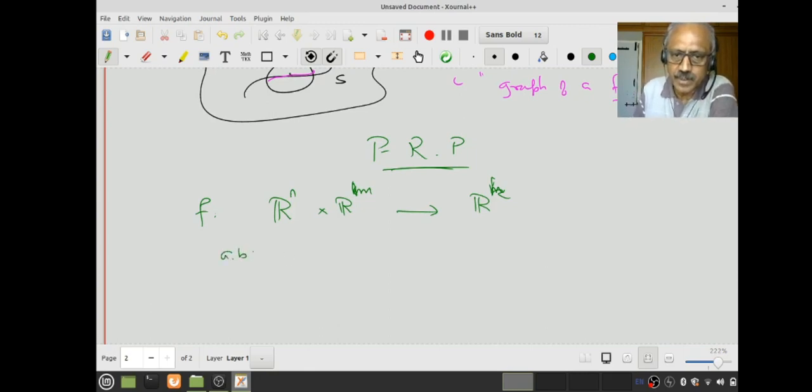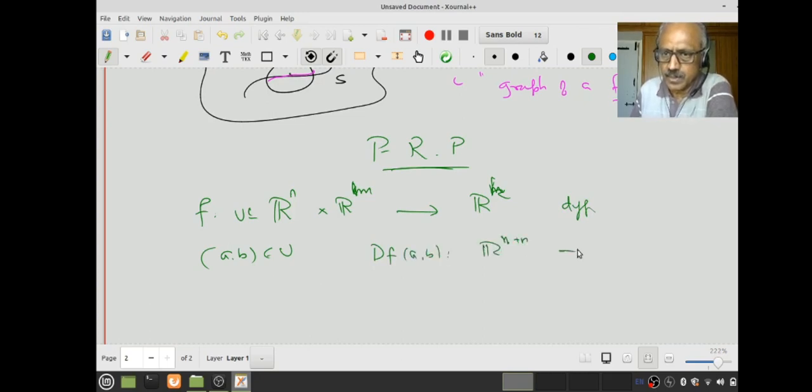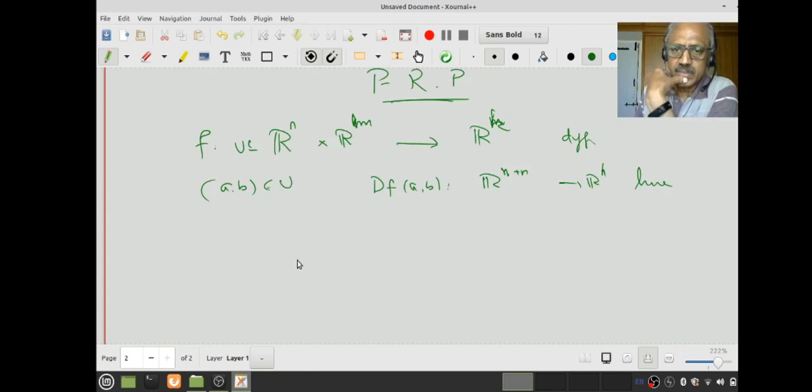Suppose (a, b) is a point. This may be an open set U also. Assume this is differentiable. What does that mean? The derivative of f at (a, b) will be a linear map from R n plus m to Rk. But notice that we want to understand it better. So I can talk about, fix b, then I have a map, namely x going to f of (x, b). That is a map from where to where?